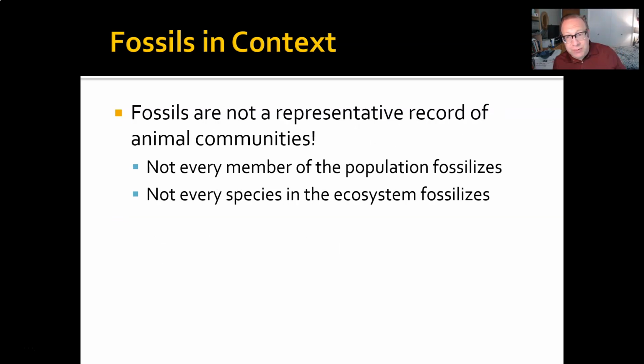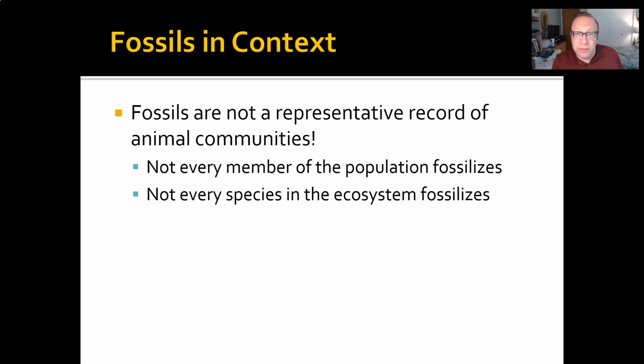It's important to remember, too, as we're going to find out, that in the process of fossilization, luck is a big part of it. What gets fossilized depends on a whole bunch of different factors. And so fossils are not a random sampling of past life. Some things are much more likely to fossilize than others.